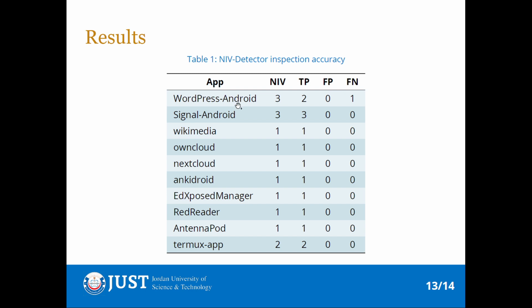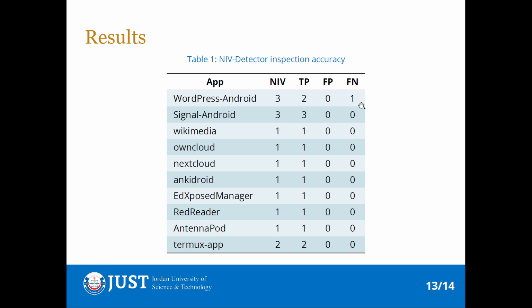For example, WordPress Android has 3 NIVs. Our tool can detect 2 of the 3, but 1 is not detectable. We will talk about this case later. And for the other Android applications, all NIVs are detectable by our tool.